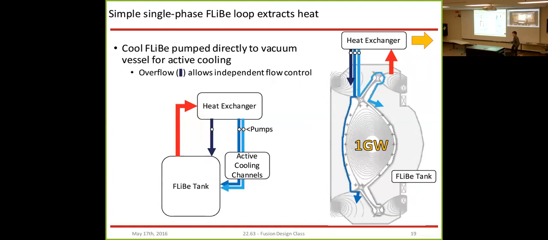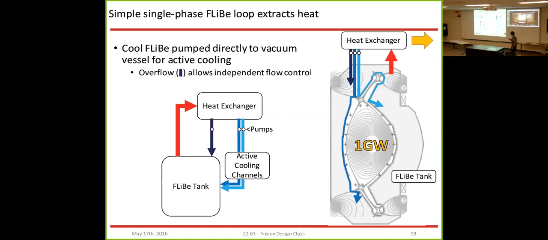So to give you an overview of how the cooling system is designed, on the right here is a picture of, again, the reactor with pipes overlaid. And on the left here is a schematic design, showing the same parts. So from the heat exchanger, we have cool FLiBe being directly pumped from this heat exchanger to active cooling channels, which surround the vacuum vessel.